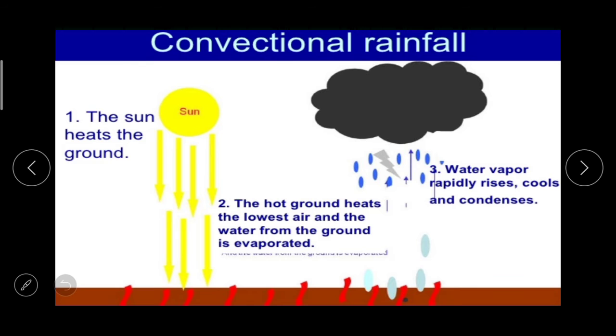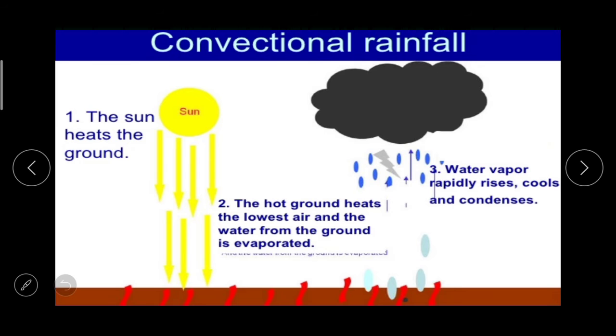For example, the Congo basin of Africa and the Amazon basin in South America experience convectional rainfall, and such rainfall occurs in a very limited area in the world. It is not common or everywhere. Only in particular areas does it get convectional rainfall.